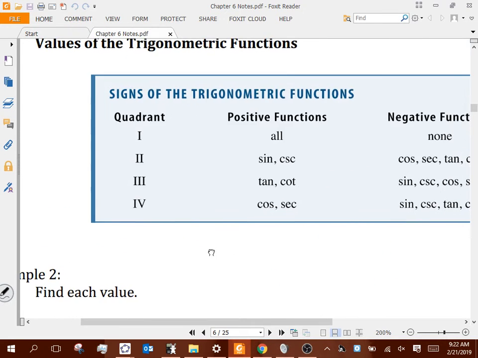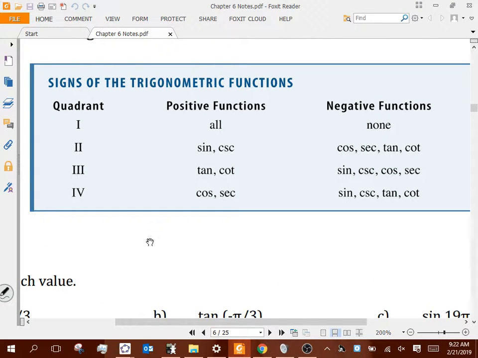Some examples, some things here. This graphic is just talking about the quadrants in which your trig functions are positive or negative. I think we've already got a better tool for this. A better tool for this would be that, right? All students take calculus.